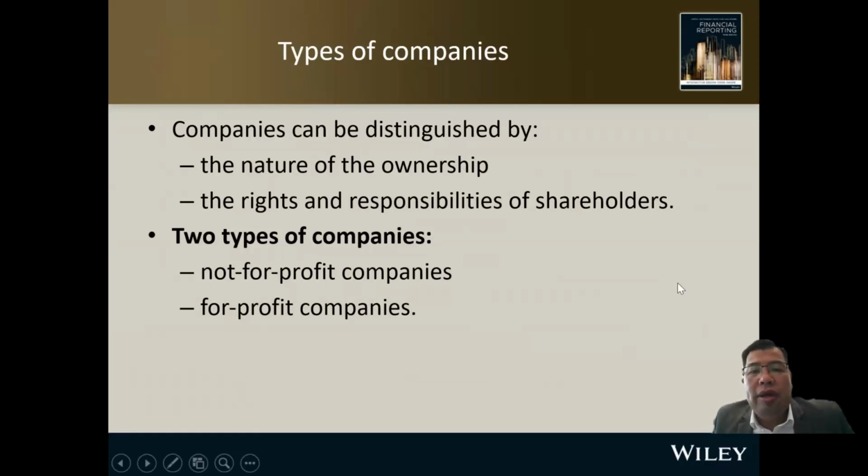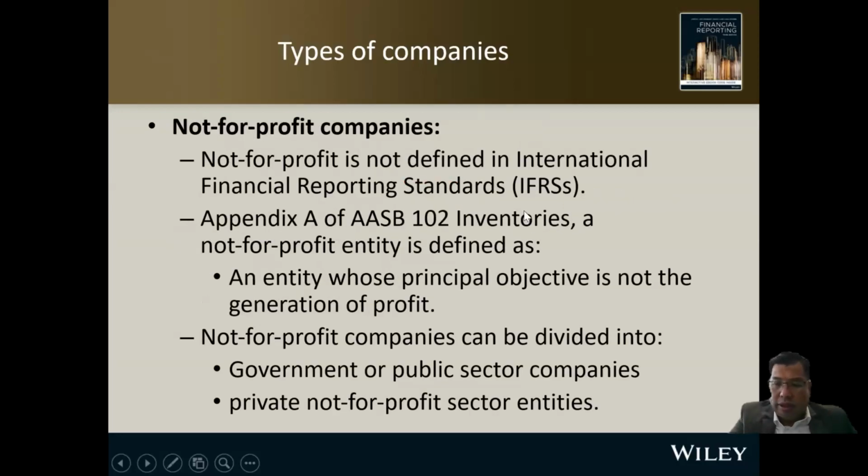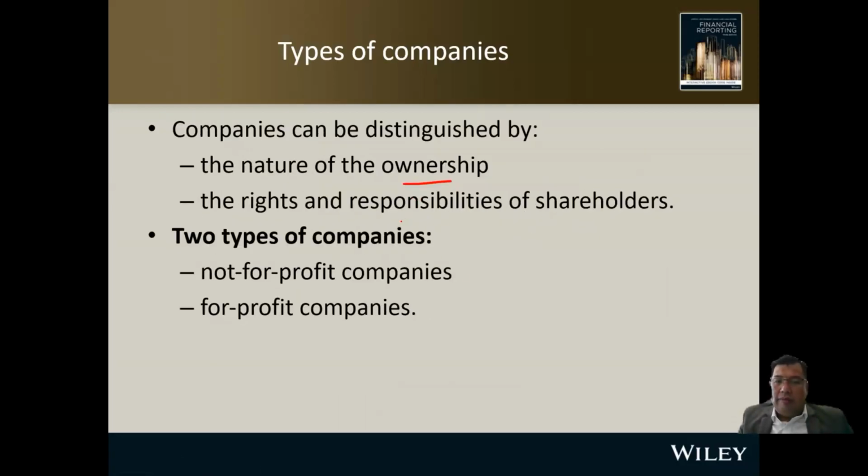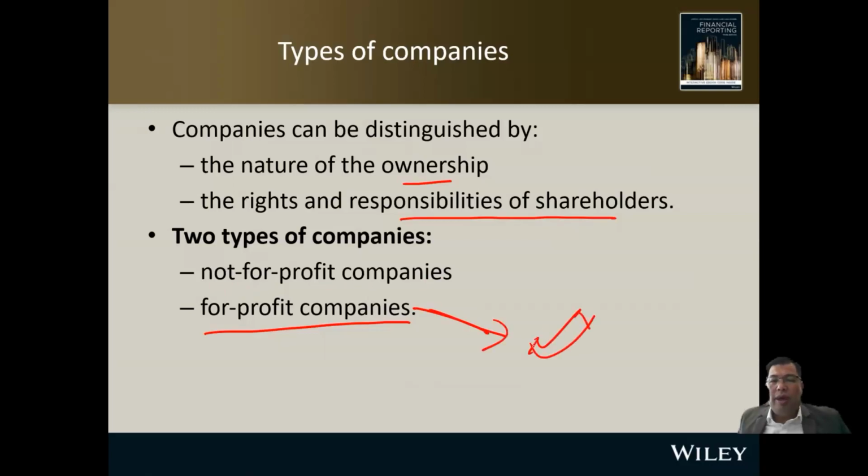Let us move to different types of companies. Companies can be distinguished by the nature of ownership, and number one is by the rights and responsibilities of the shareholders. So we have for-profit companies. Another one is not-for-profit companies. Most companies are established under the first category, to make profit.